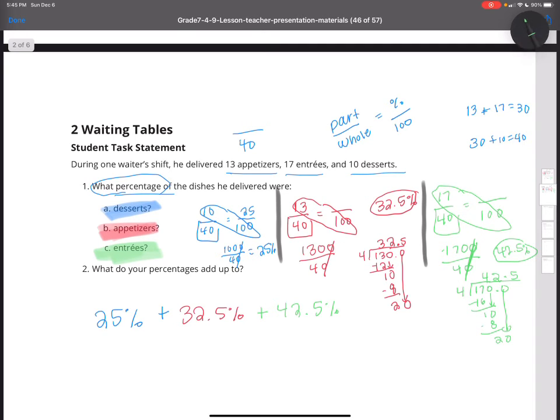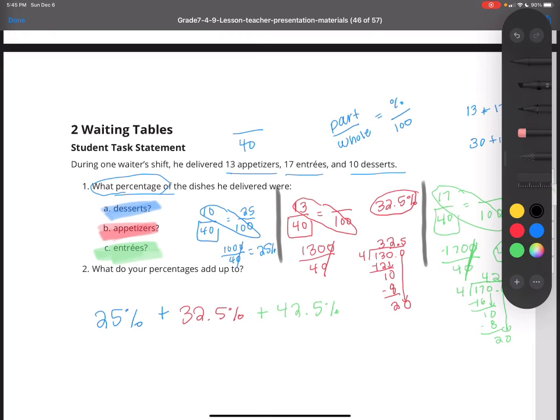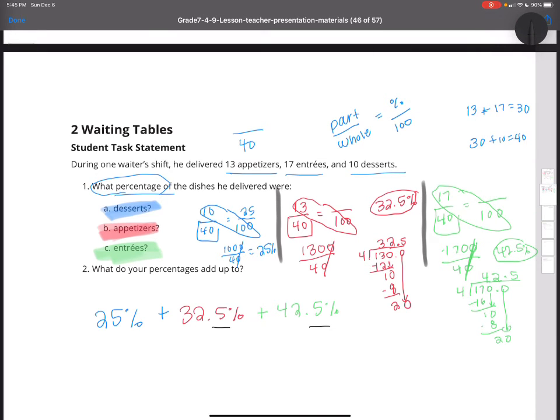I want to use the associative property to break it down. We know that 0.5 plus 0.5 equals 1. So I'm pulling those 0.5s, taking them away, and I'm going to put 42 plus 32 plus 25. Just know that's where that 1 comes from. Those halves are getting added, and they're going to equal 1. I did that just to help you guys make connections and develop fluency skills.